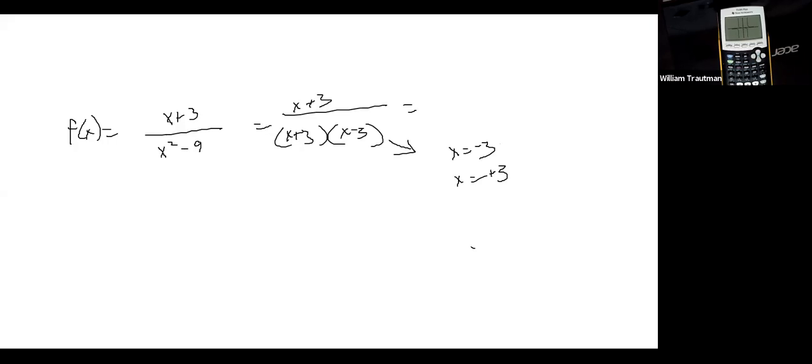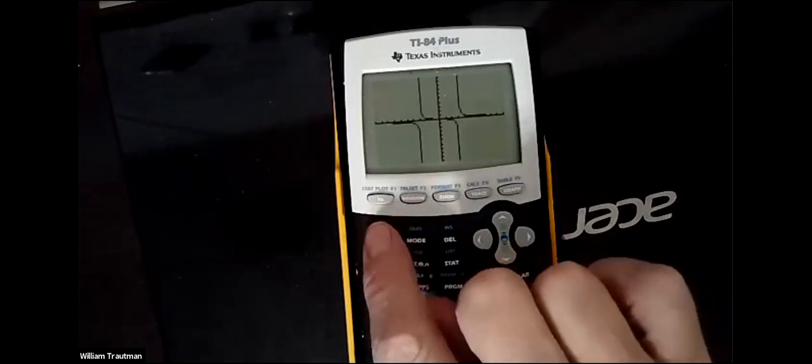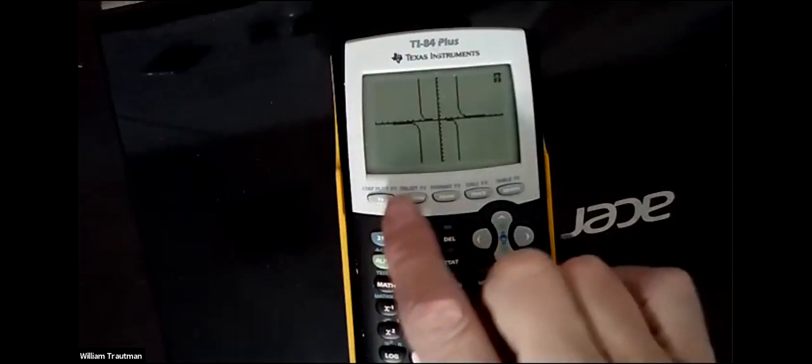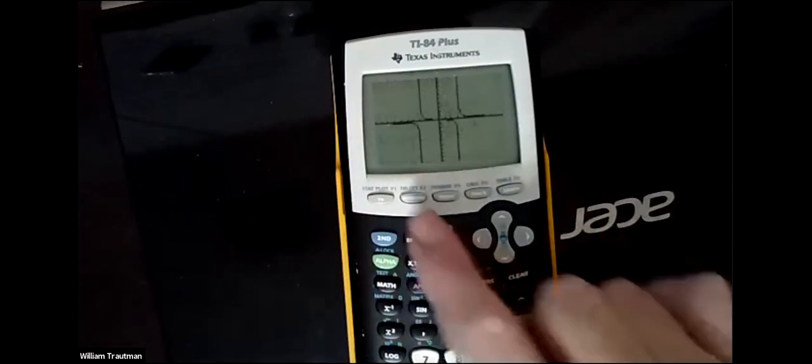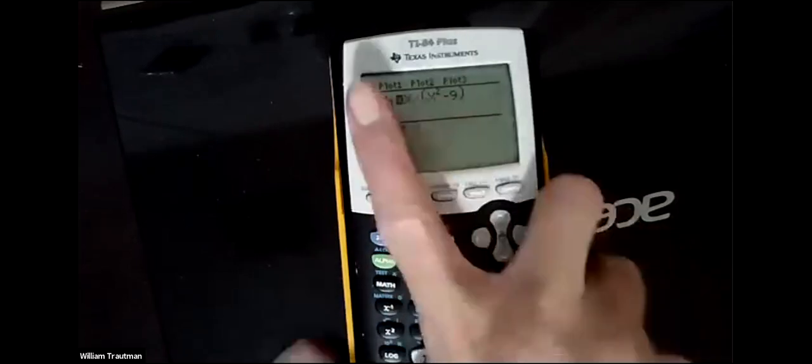But watch what happens when I put this into my graph. Y equals, I didn't hit Y equals. Let me put it in first in front of my face. Parentheses, x plus 3, close parentheses.